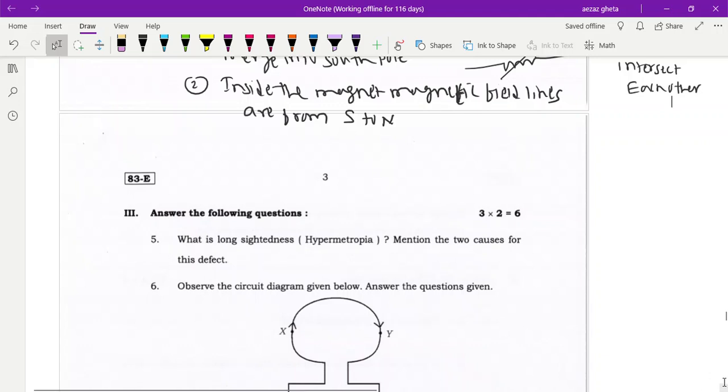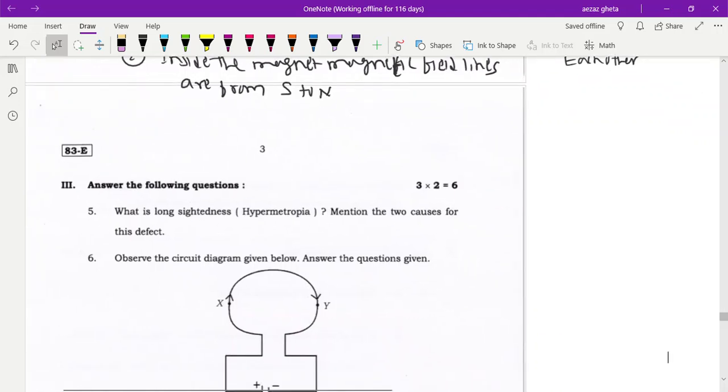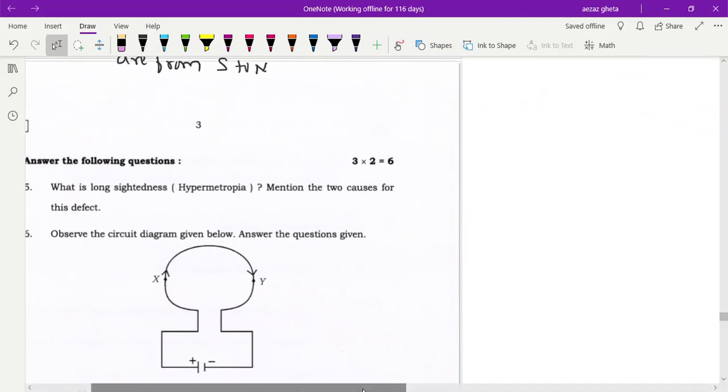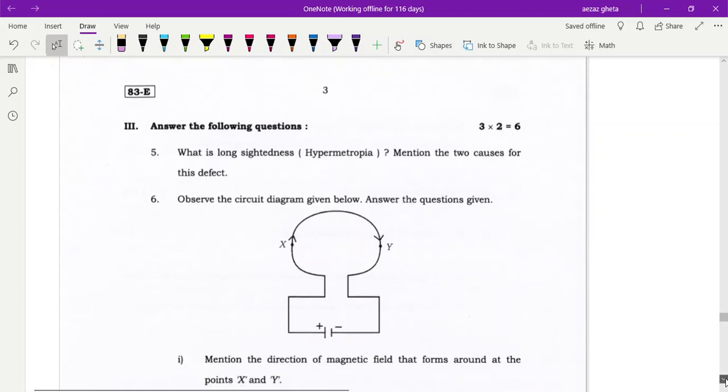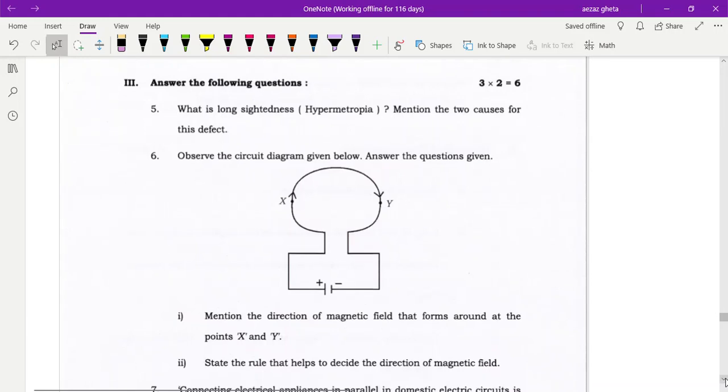Okay, boys and girls. Next, what is long-sightedness? Long-sightedness is a defect of the eye where the person can see far objects but not near objects.